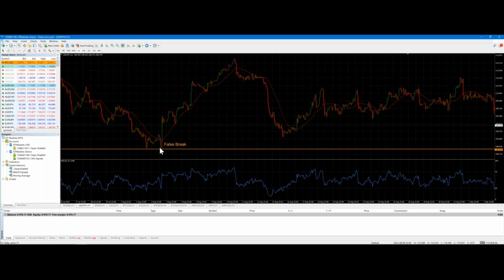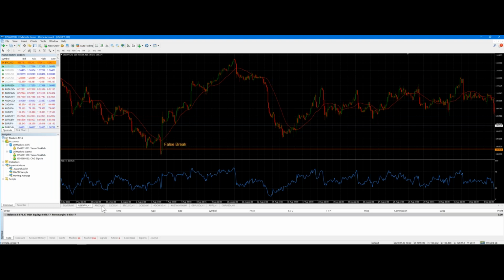Here also there was a false break, just to hit on the false break, which is dollar yen. You can see here the market breaks this support. However, the market then cancels this break. So this is also a buying signal.